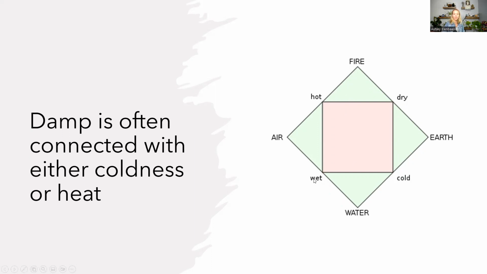And wet is often associated with cold and heat. This is why we have 2 very separate ways that water can behave in the body, because water is so responsive to heat and cold. It will freeze, or with heat, it will become more fluid-like. Think about honey: if you heat up honey, it becomes more viscous, and if you freeze it, it becomes more solid.